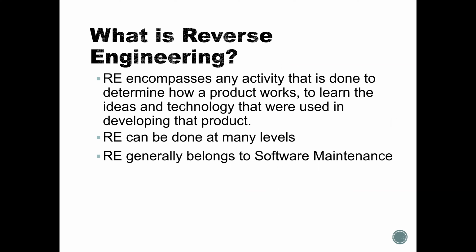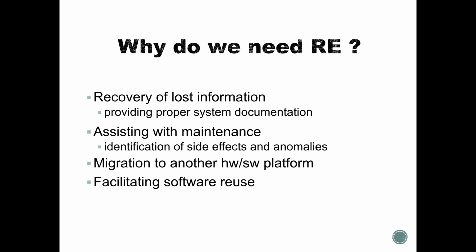Moreover, reverse engineering can be done at many levels. Like I said, it can be done to get the code, the high level design, the documentation, and the requirement information that led to the particular software. However, we can strongly say reverse engineering generally belongs to the software maintenance phase.